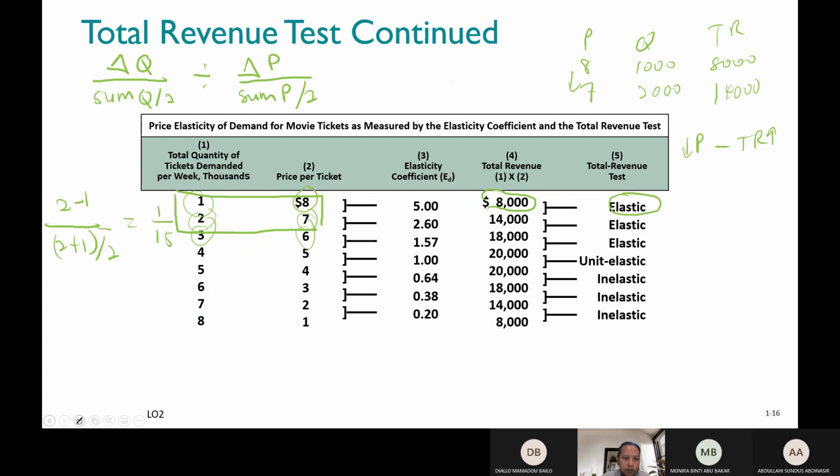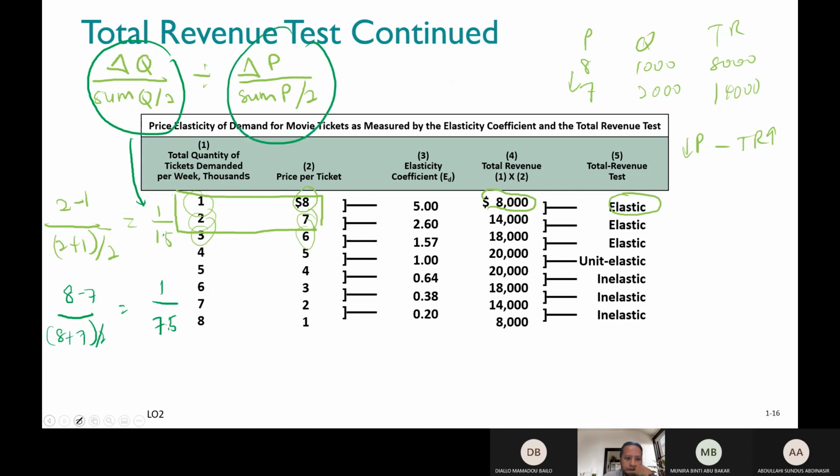So this is for the first one here. Okay, and then for the second one, the price change is 8 minus 7 over the sum 8 plus 7 over 2. Okay, and basically you get 1 over 7.5. Okay, so this is the second part.